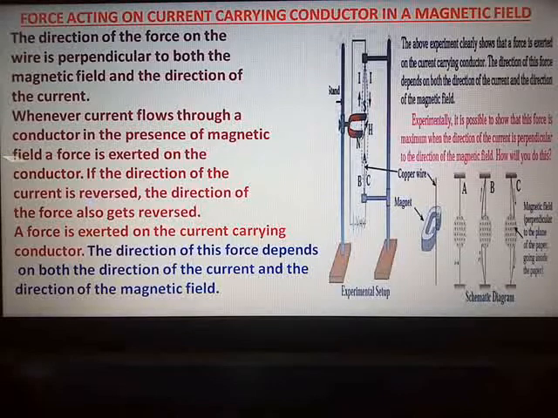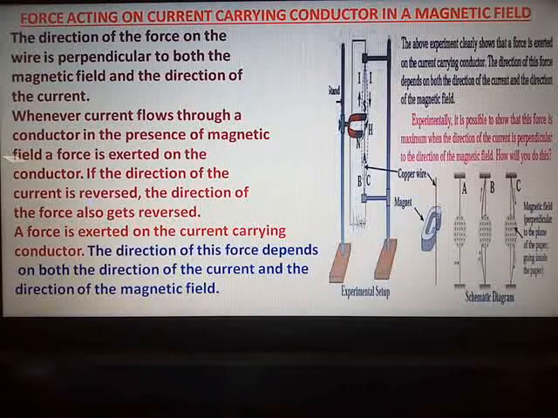What does this indicate? It indicates that the direction of the force on the wire is perpendicular to both the magnetic field as well as the direction of the current.